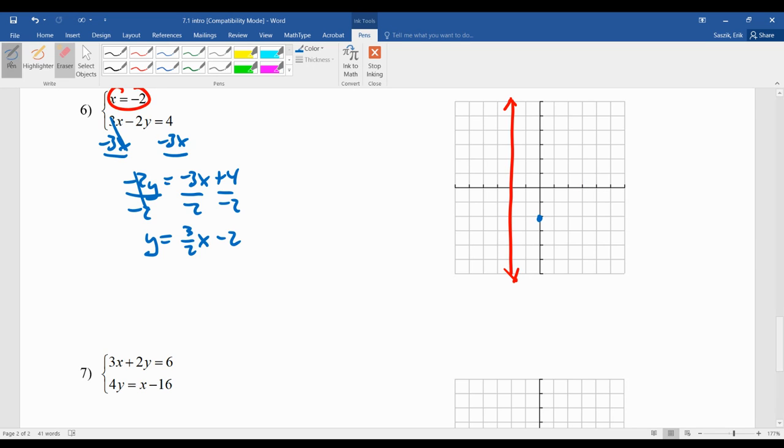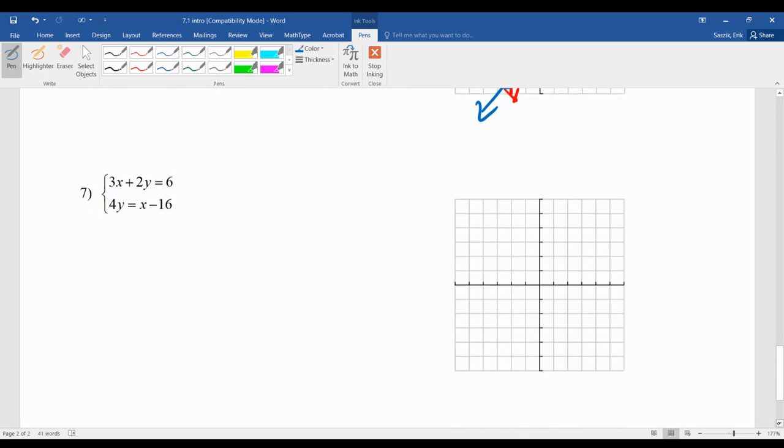Let me be careful. Up 3 over 2. I'm going to go backwards, down 3, left 2. And you see my point is right there, which is what? -2, comma, 1, 2, 3, 4, 5. And again, if you want to quickly check, you can plug into these. 3 times -2 is -6. This is going to become a +10. That's going to be right.